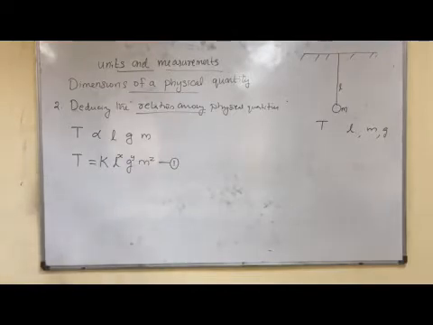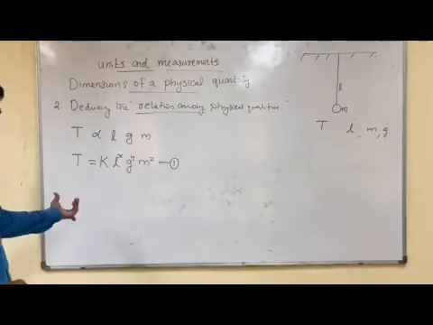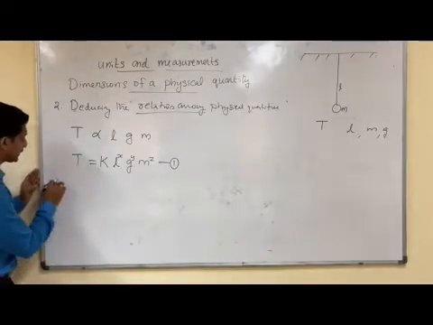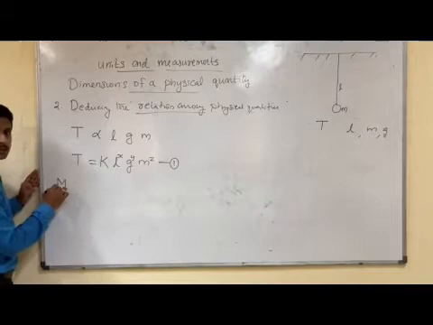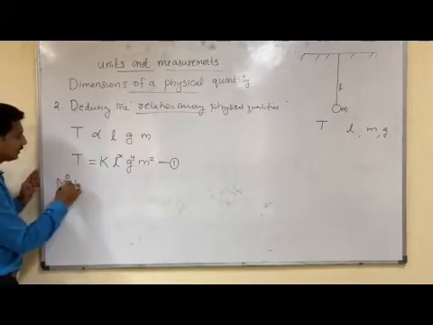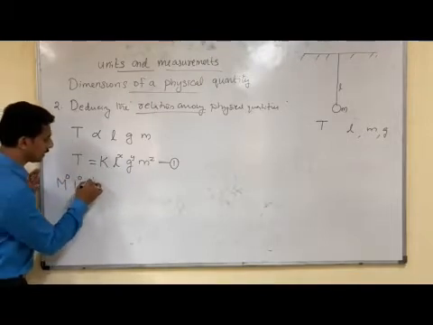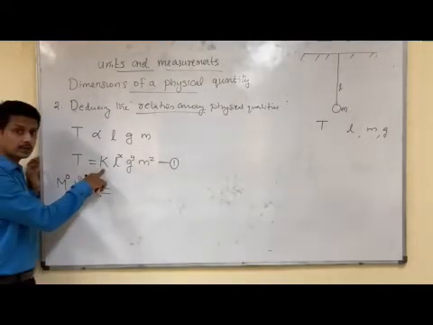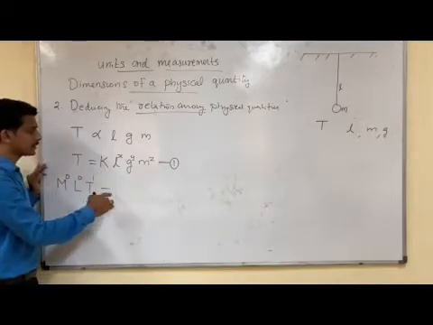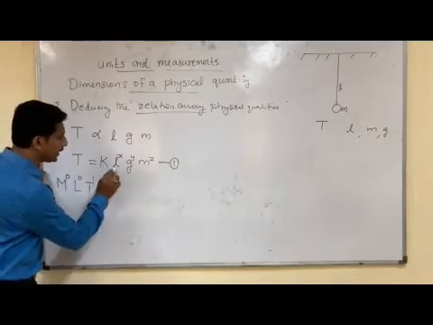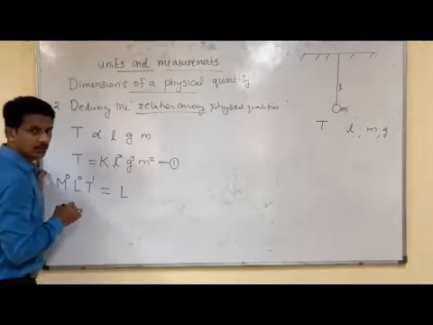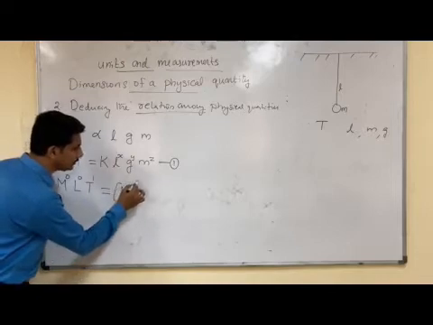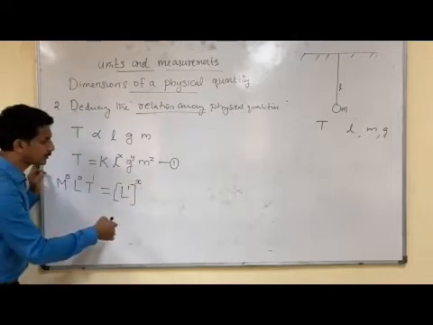Now the next step is to substitute the dimensions. The time period, expressed in terms of dimensions, is only time: M raised to 0, L raised to 0, T raised to 1. k is a constant with no dimension, so there is no need to mention it. This is equal to L raised to x; L is length, so it is L raised to 1, raised to the exponent x.